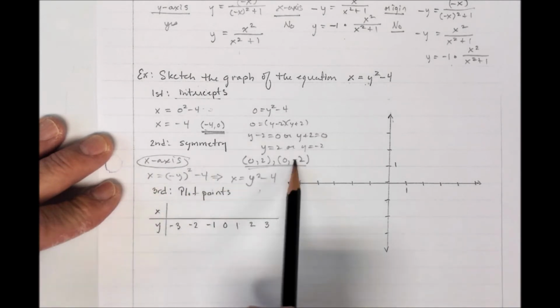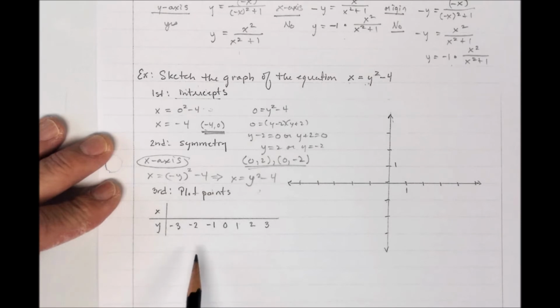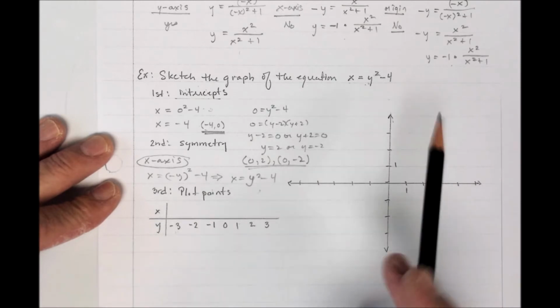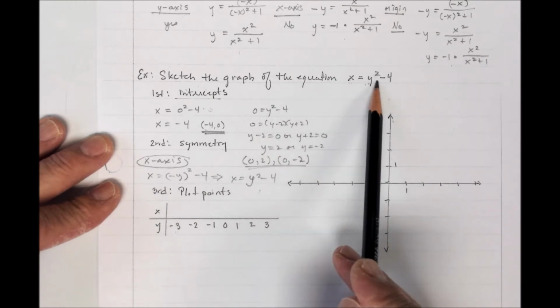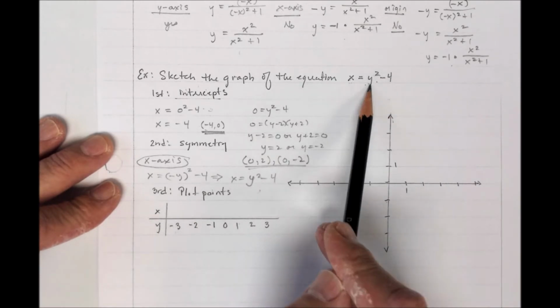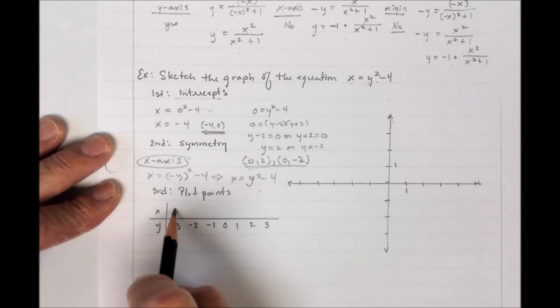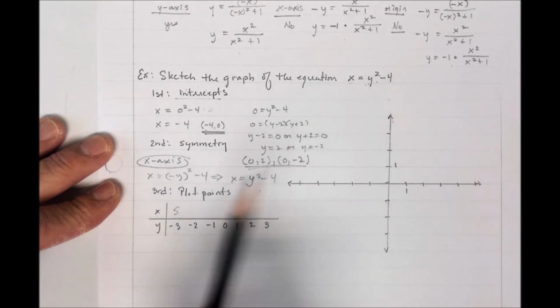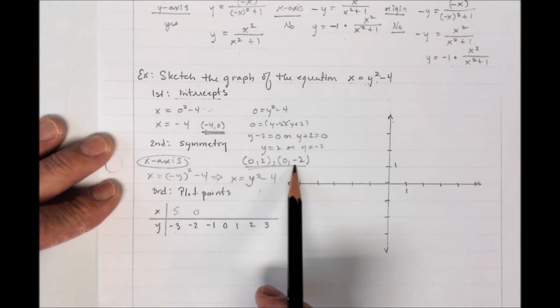I have my intercepts. I want to plot a few points all the same, so I plug -3 in. Now notice here, this time I set up my t-chart, well, first off, I put it on its side. That's okay, but I plugged in values for y instead of values for x because the x is already in terms of y. So if I plug -3 in and square it, I get 5. If I plug -2 in and square it, I get 0, which makes sense because there's that point right there.